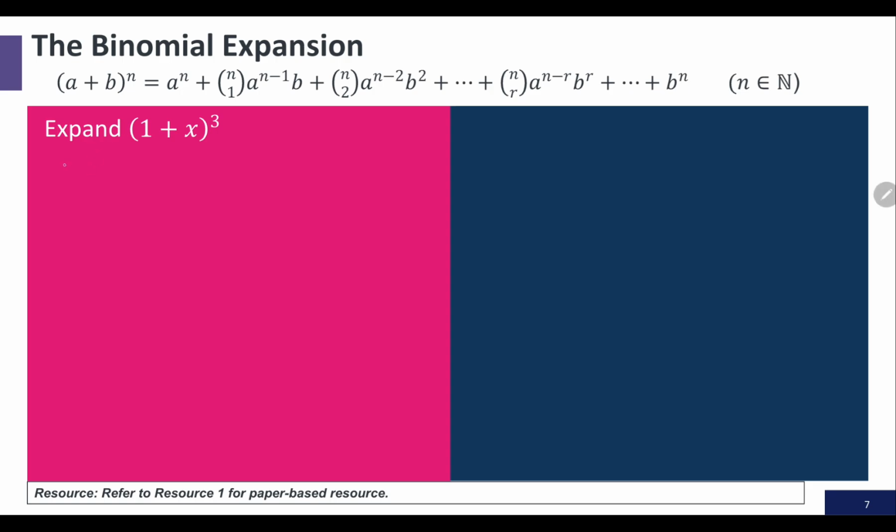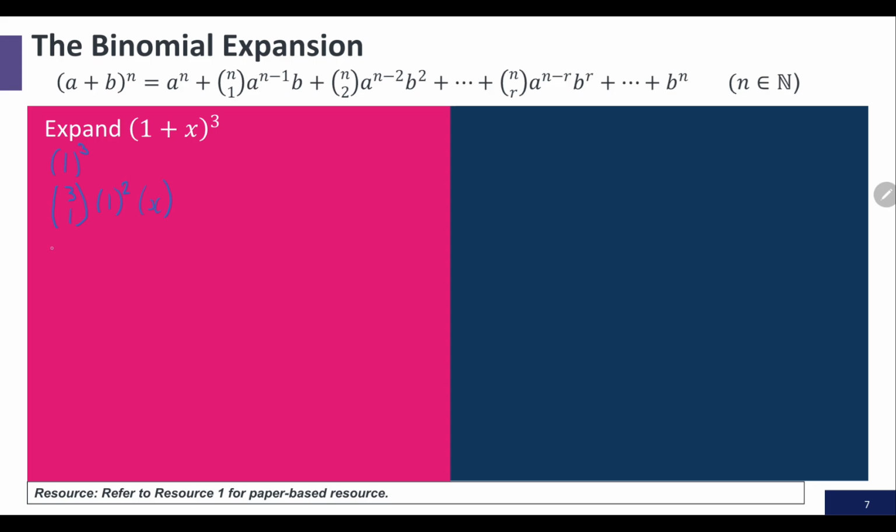Okay, so the first term, it says raise 1 to the power of 3. Okay? Now, I overuse brackets, and the reason I overuse brackets is I can put it in my calculator, and I don't need to worry in case I've got any negatives. And then the next term, it says n choose 1, which is 3 choose 1, 1 squared, and then we introduce the x term there.